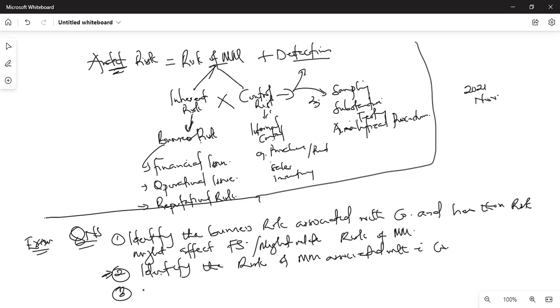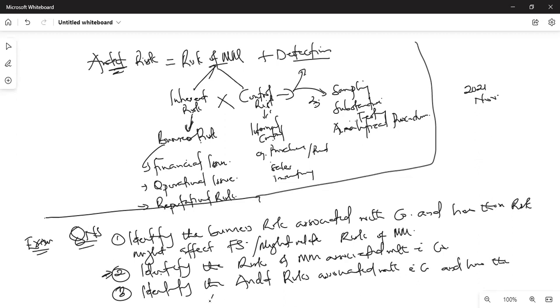And the last way they can ask you the question is also to identify the audit risk associated with the company, and how the auditor may address them.